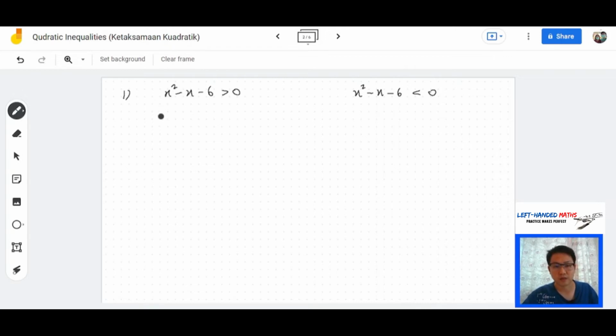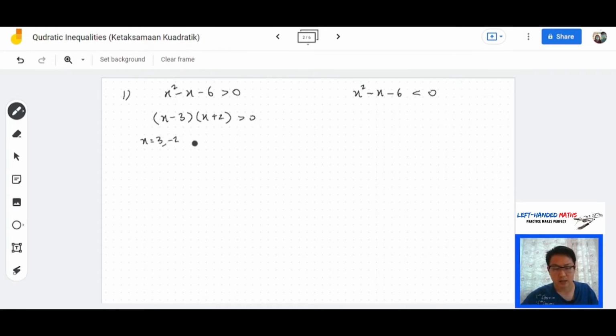First thing is you factor: (x minus 3)(x plus 2). If you cannot do this, you can use your calculator to key in a, b, c and find your x values. One of the x is 3, the other one is -2.